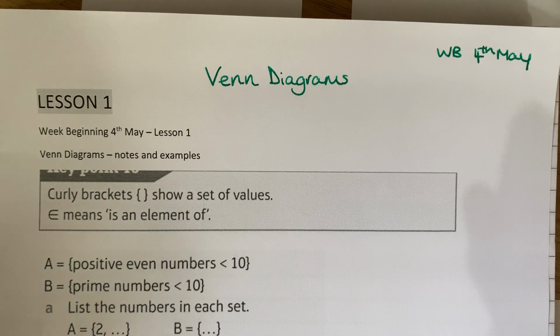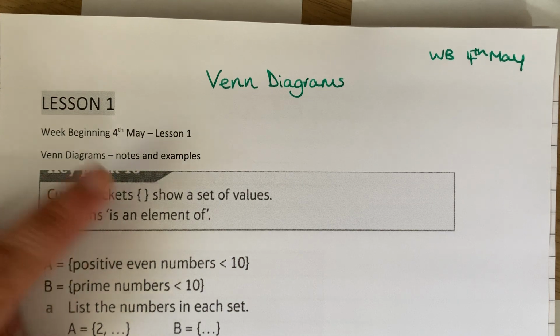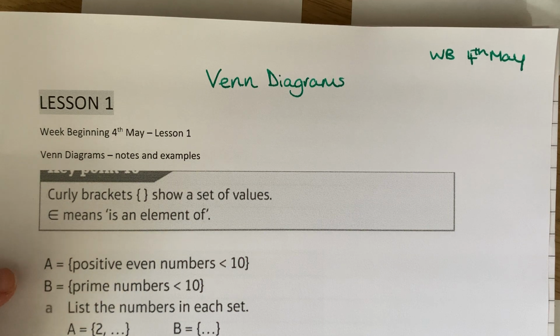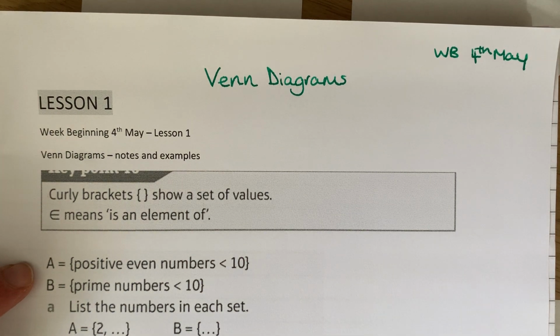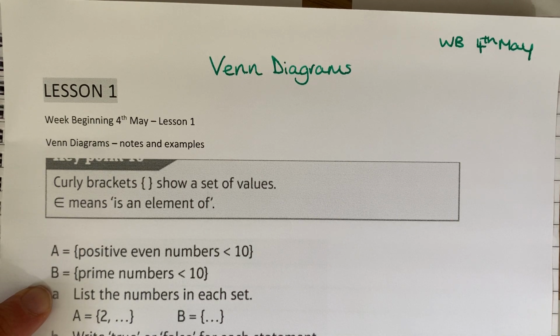Okay, right, so the first thing I've just cut out little bits I think are important. The curly brackets here show the set of values of the data that you would be using, and ∈ means the element of. So for example, A is the set of positive numbers that are less than 10, and B is prime numbers less than 10.